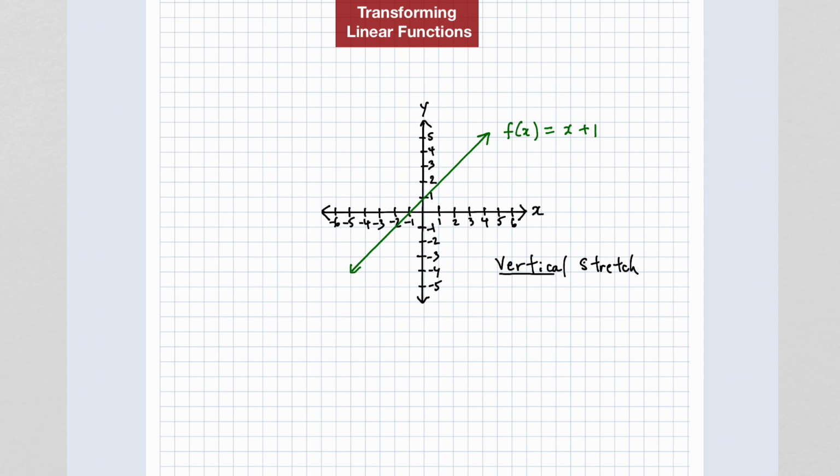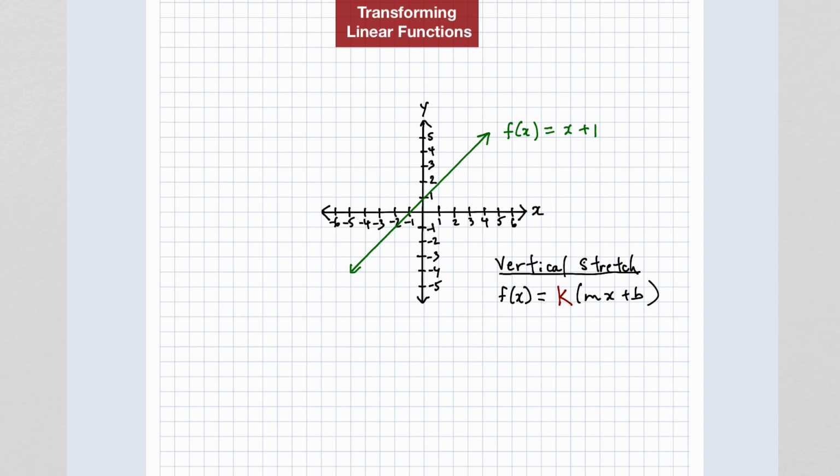Vertical stretch, f of x is equal to, and here's our k, times mx plus b.